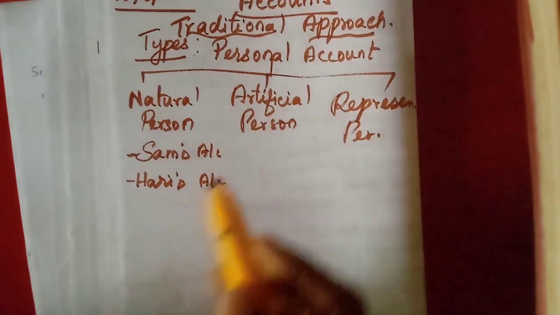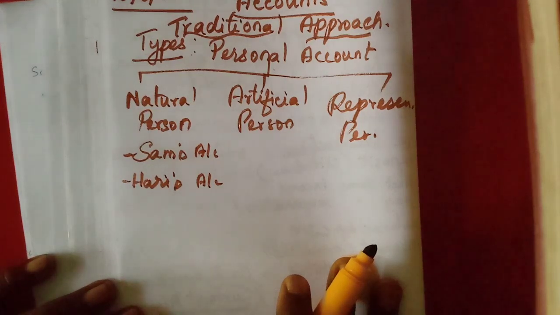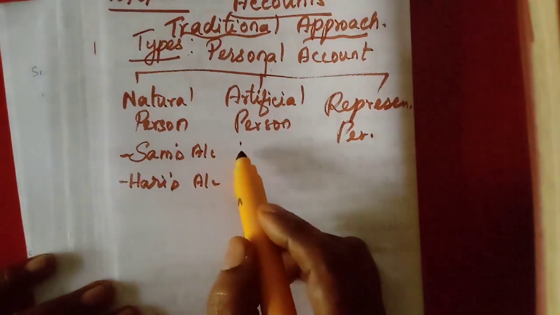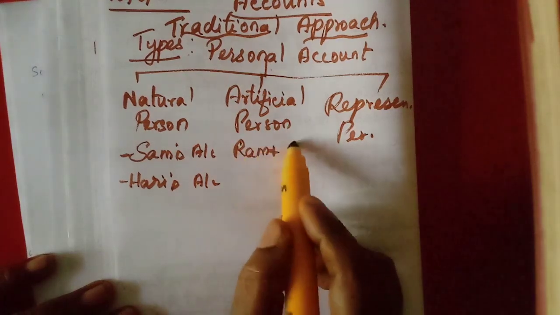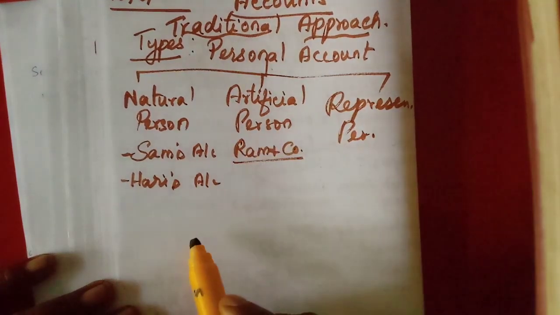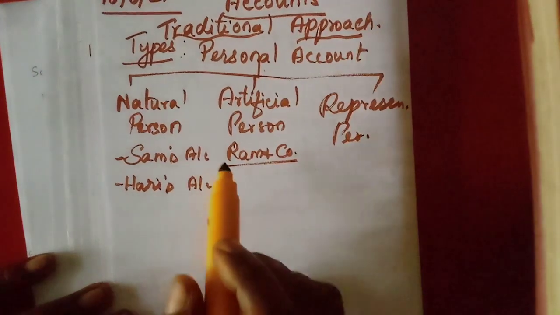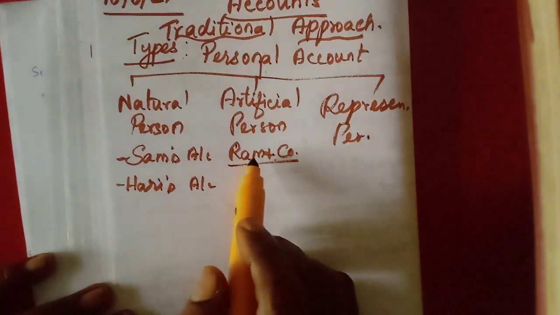Artificial person, you will learn in company accounts, is a company or type of organization. A company is an artificial person. So all organizations, for example, Ram and Co., here it is a company's name. That is an artificial person, because sometimes we will sell goods in this name. So they are called artificial persons.